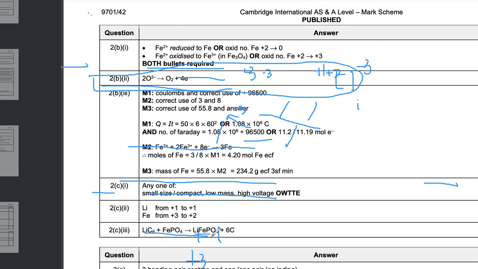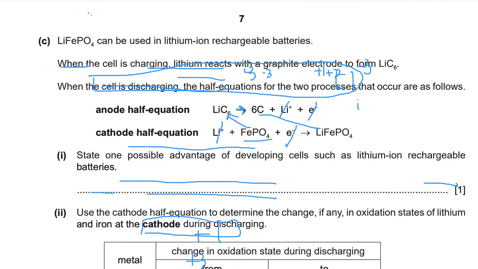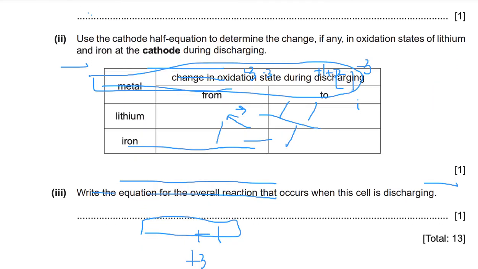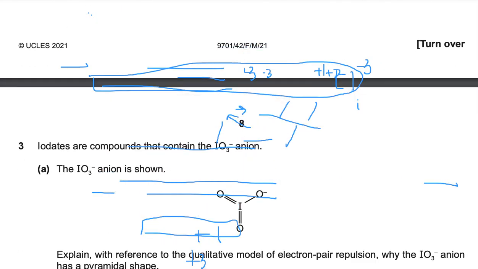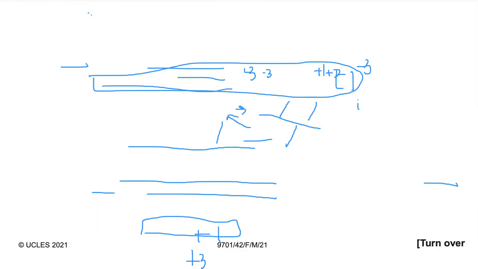Yes, that is it. Alright. So I hope you understood till here, and that is it for today. We'll be doing the rest of the questions later on. Bye bye.